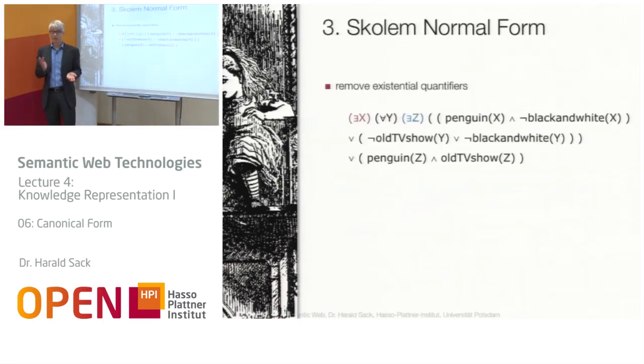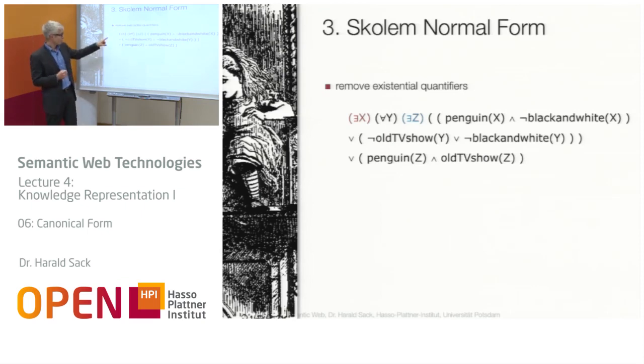Skolem normal form is called after the Scandinavian logician Thoralf Skolem. And it's about the removal of existential quantifiers. If we consider our example, we can see here two existential quantifiers. And to remove them, we have to consider their position, because we know we cannot simply change universal and existential quantifiers, because this also changes the meaning of the formulas behind them.